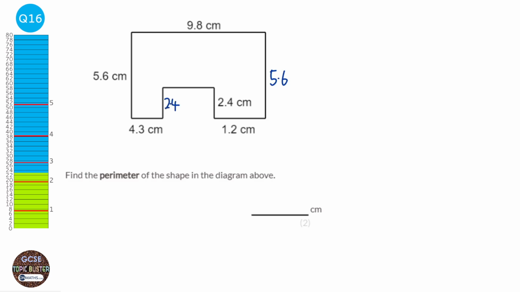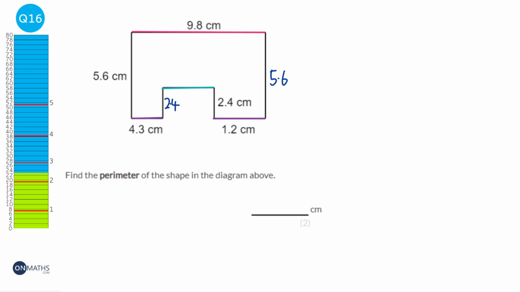This length here is going to be slightly more tricky to work out. What we do is we work out the total width across, which is 9.8, and we take away the bits that we know. So we take away these purple lengths at the bottom.